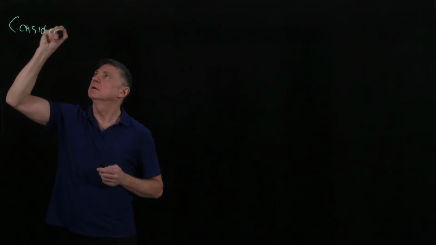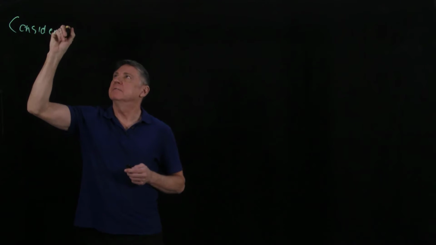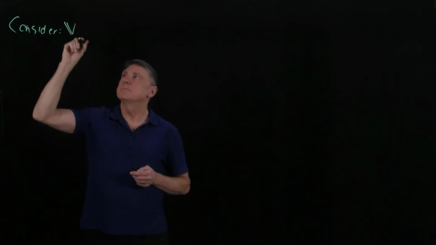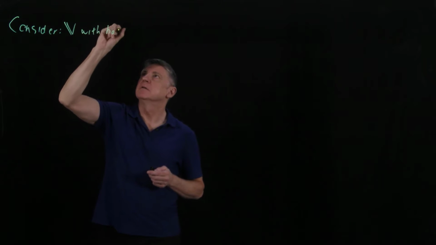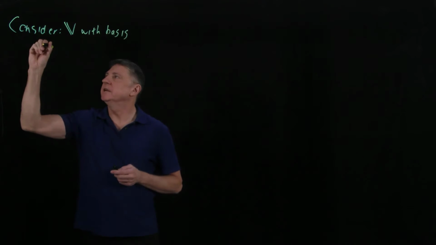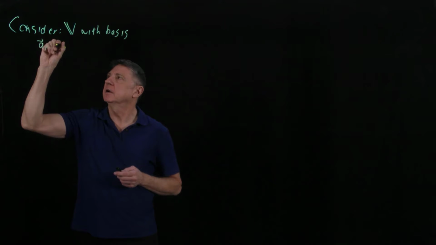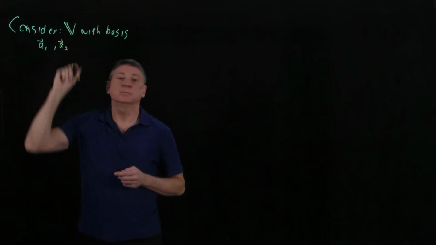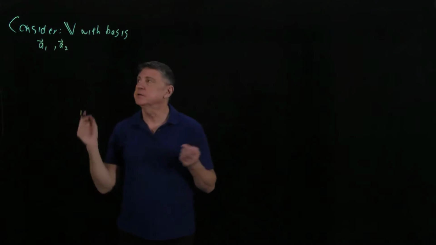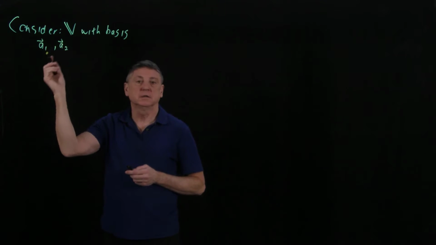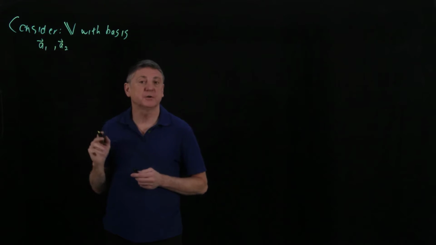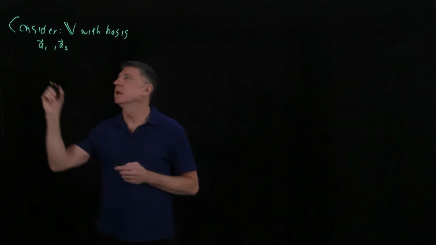So now, let's consider a vector space V, and let's suppose that we have a basis for it, which is a first vector and a second vector, both A. If they're basis vectors, that means that they're both non-zero and that they are not linearly dependent, which means that they're not scalar multiples of each other.